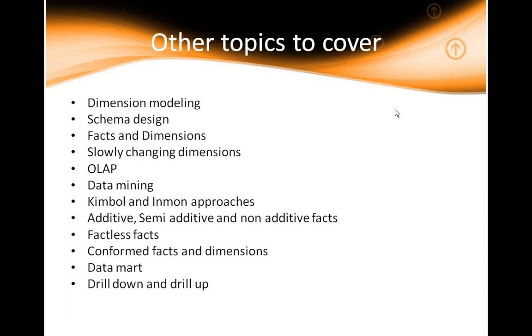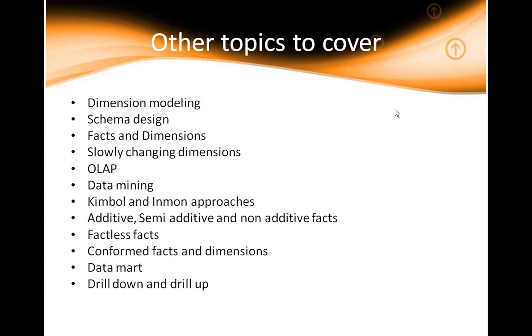We'll be dealing with all these things like dimensional modeling and schema design. What are the different schemas? Star schema and snowflake schema. And we will deal in detail with what a fact holds, what a dimension holds, how to load dimensions, how to load facts, and slowly changing dimensions.